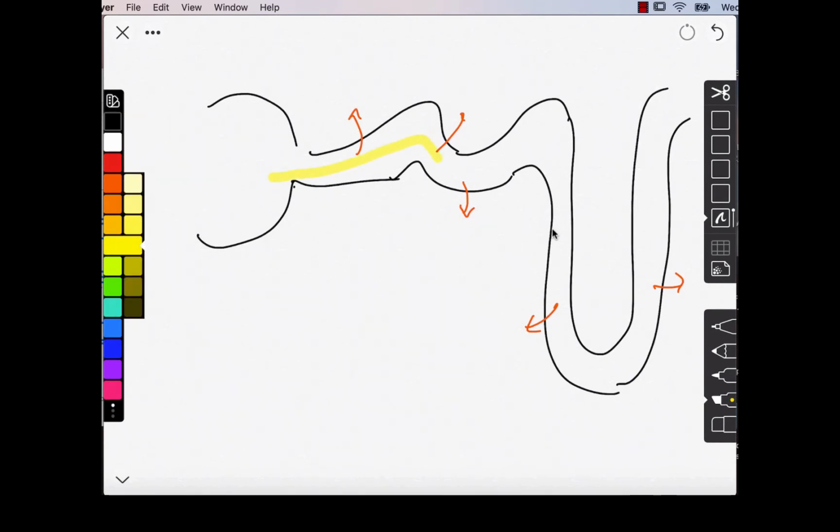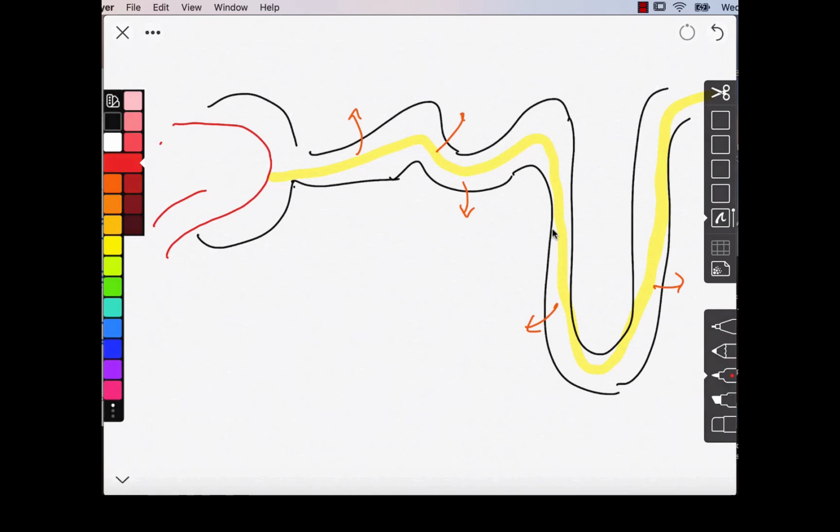And instead, you're just going to pee it all out. If your filtration through that nephron is going too slow, then you're not really getting rid of enough waste. So what you try to do is homeostatically compensate for what's going on in the blood by changing the glomerulus.